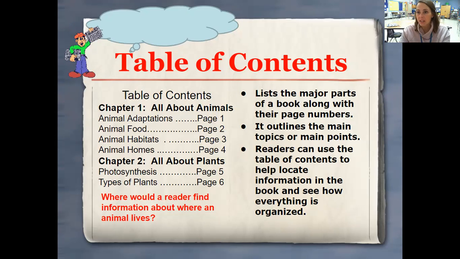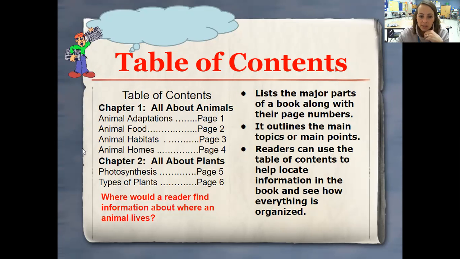So if you were checking out a book about lizards, but you really only wanted to know where lizards live, you could look at that table of contents, find the chapter that talks about where they live, their habitats, and you can go straight to that page. So the table of contents really helps you if you're looking for something specific in a text.